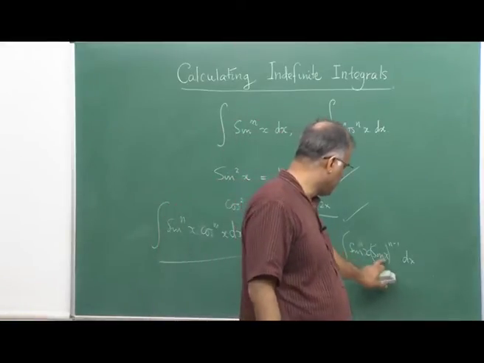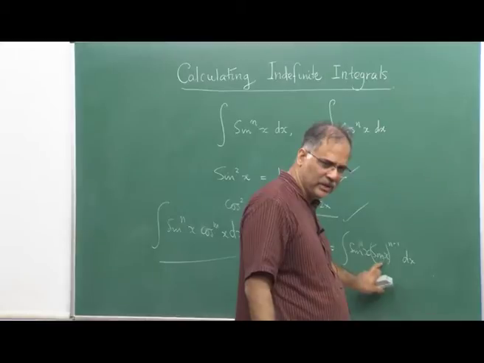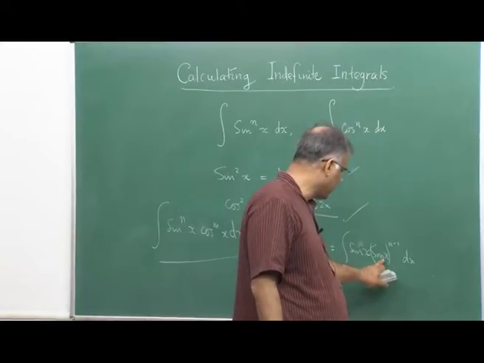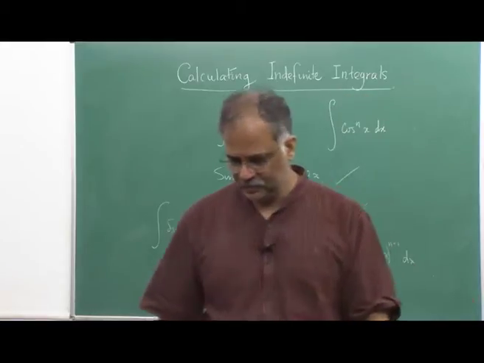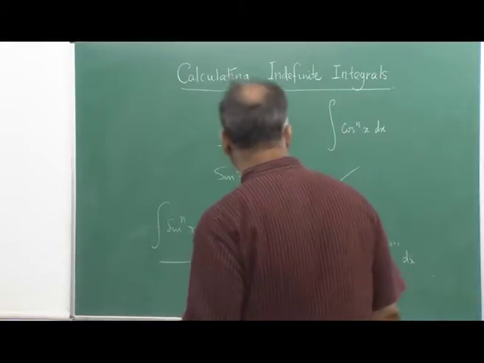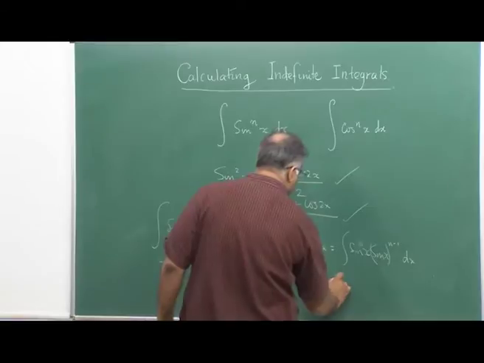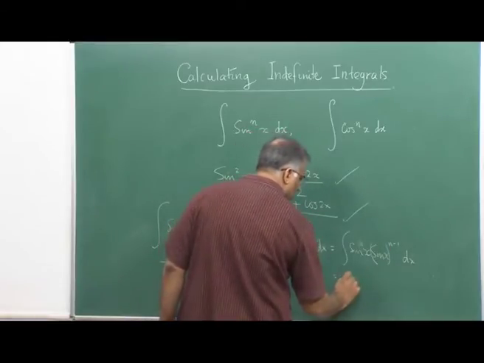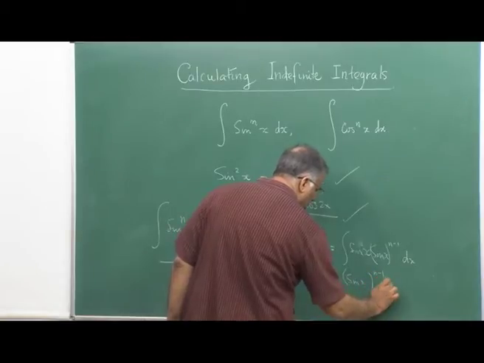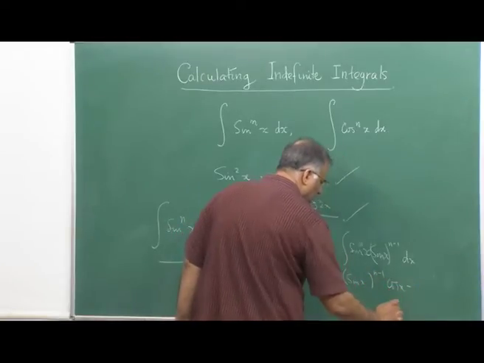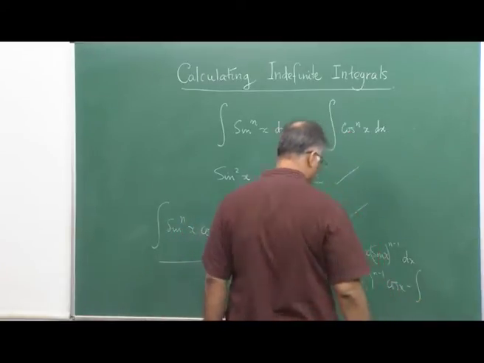Keep this second, make this the first function and take the derivative of it. So take this as f and this as g. You will have sin x to the n minus 1 into cos x minus integral.